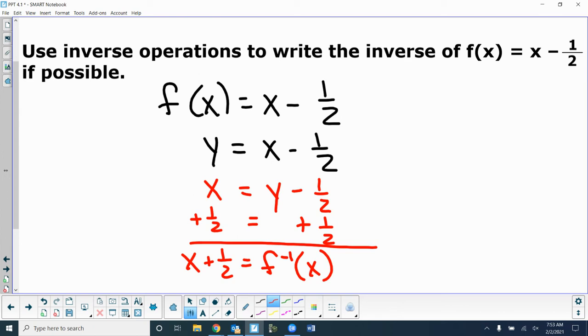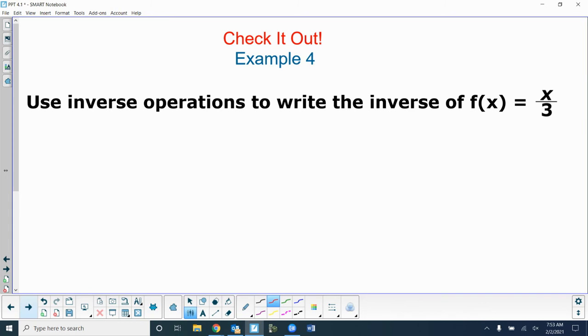Do you guys remember this from last year? We did do this last year. So again, this is the original problem. I usually use y instead of f of x. And then I switch it. The x becomes the y and the y becomes the x.